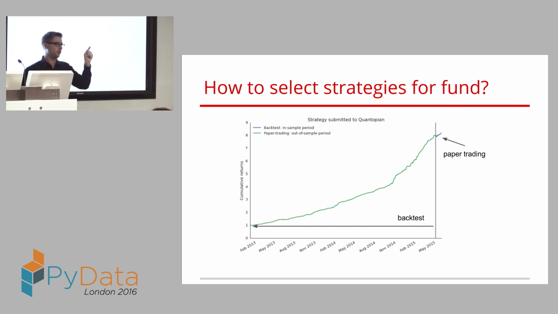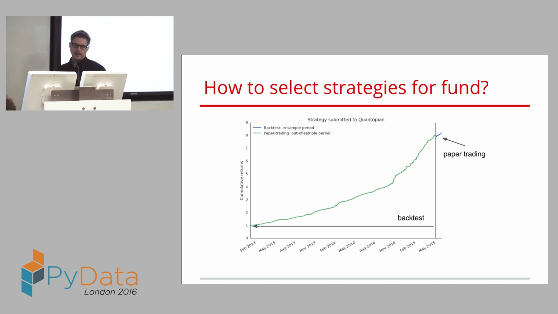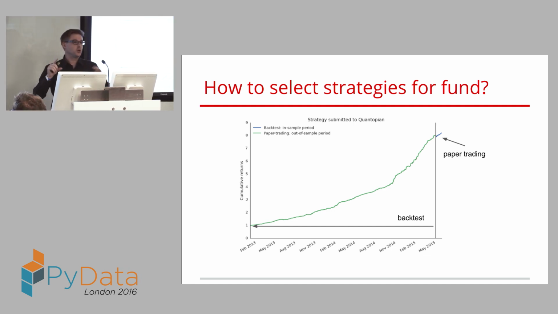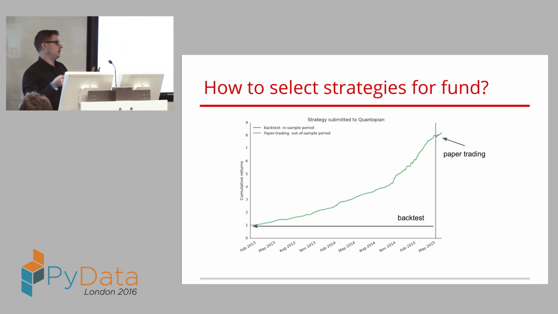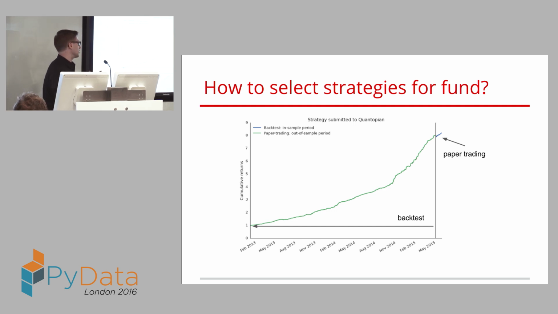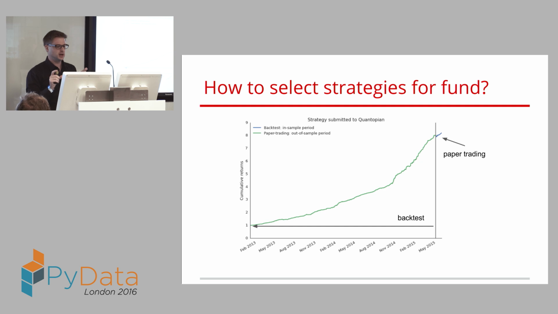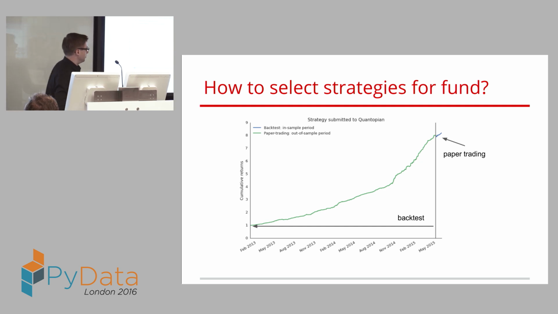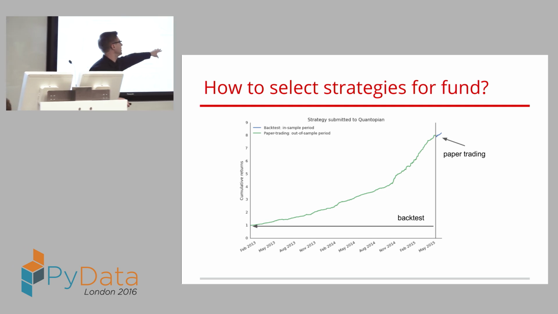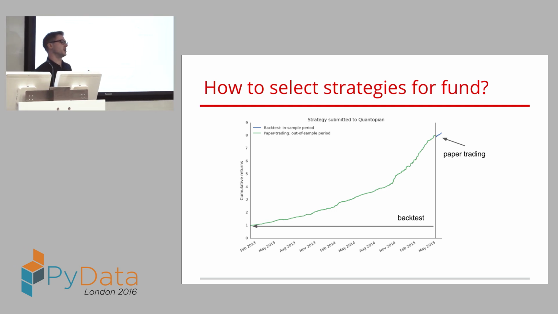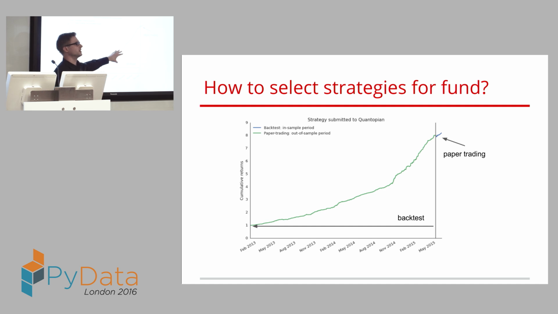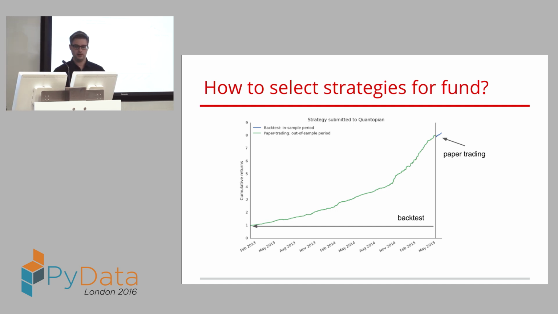So that's that very small blue line, very limited data. And then if you do well in both of those and both of those match, then you do well in the contest, basically. And really the big test whether something is viable or not is going to be here in the paper trading, because you couldn't have had access to that data and overfit on that data because it just hadn't happened yet.